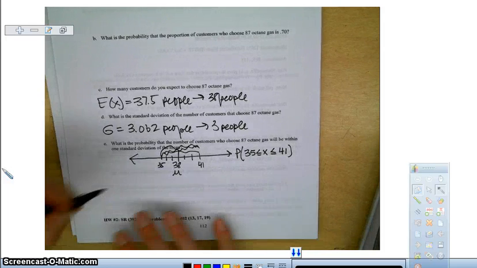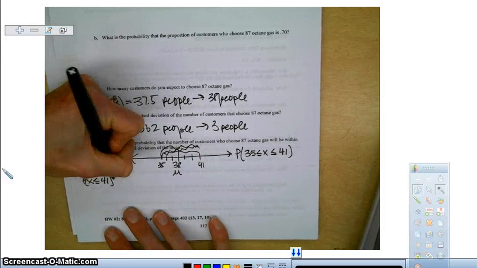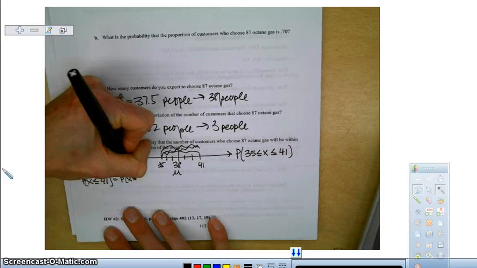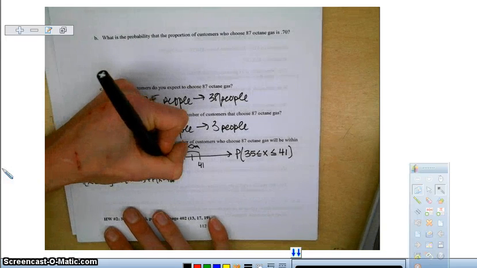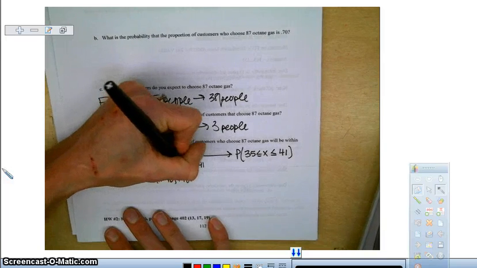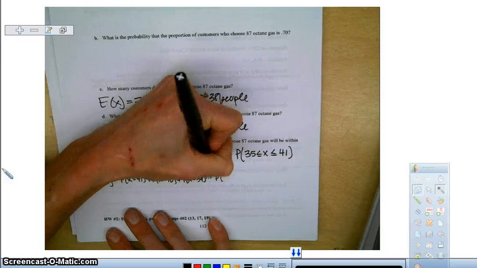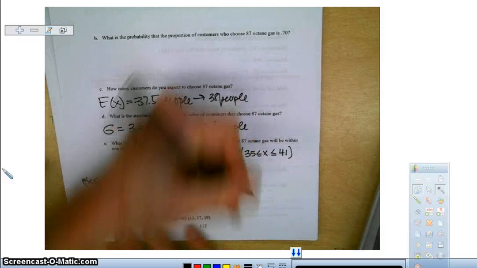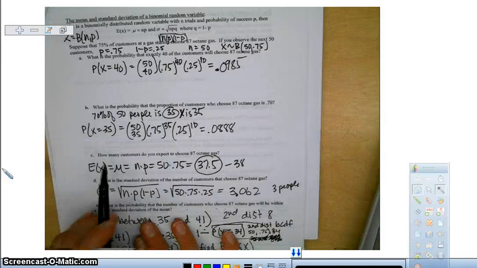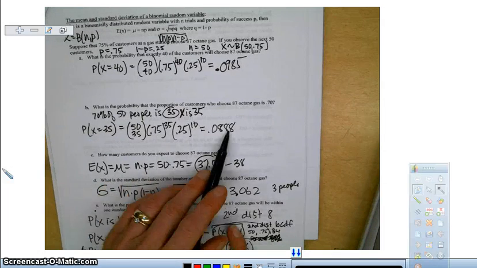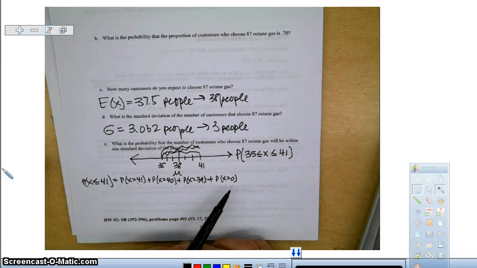If I just wanted the probability that x is less than or equal to 41, I'd have to find the probability that x equals 41 plus the probability that x equals 40 plus the probability that x equals 39, all the way down to the probability that x equals no people bought that kind of gas. So we have to use this binomial probability for every single number from 41 on down to 0. And that gets to be a big mess.